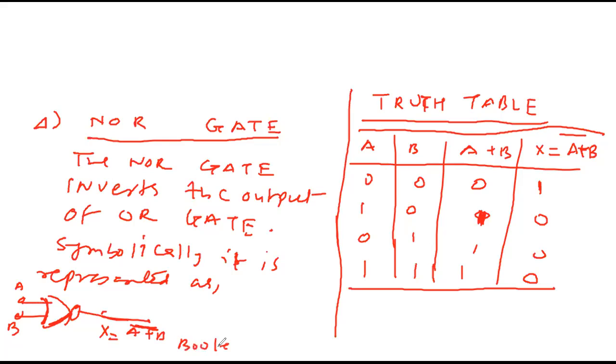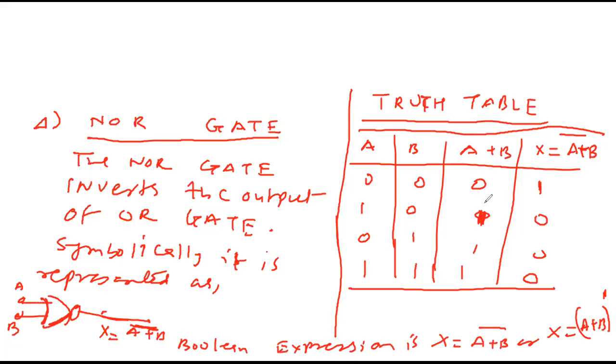Then the Boolean expression is X equals A plus B complement, or X equals A plus B dash. Then write the truth table. That circle at the vertex of the OR gate indicates it is going to invert the output.